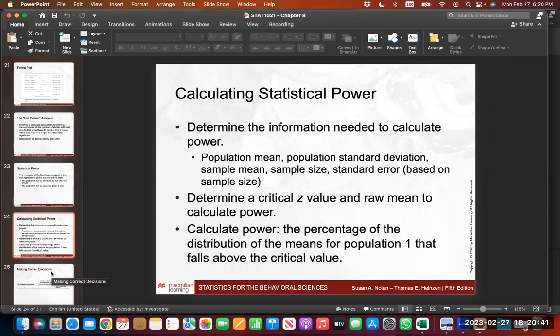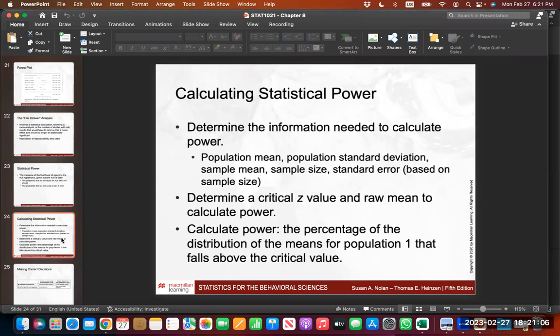So why is this important? Because when you study any given research question and you design a study that allows you to investigate this research question, you need to estimate how many individuals you actually have to study. And that is basically determined by a sample size estimation, which is done in the context of power calculation. So that's why this is important.